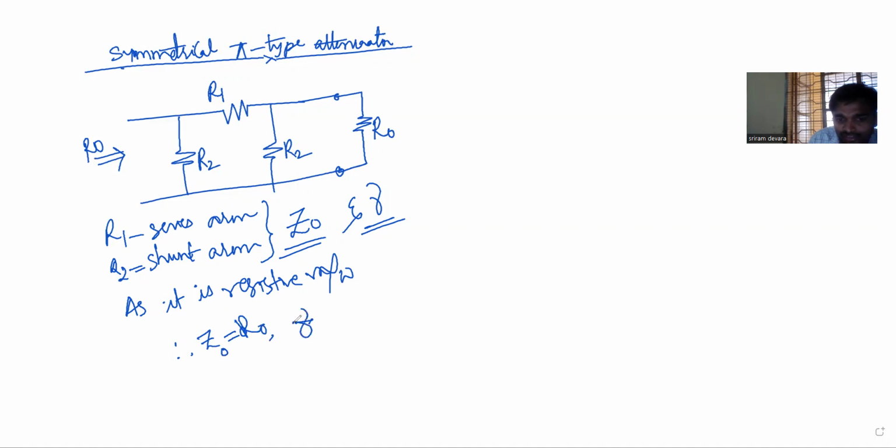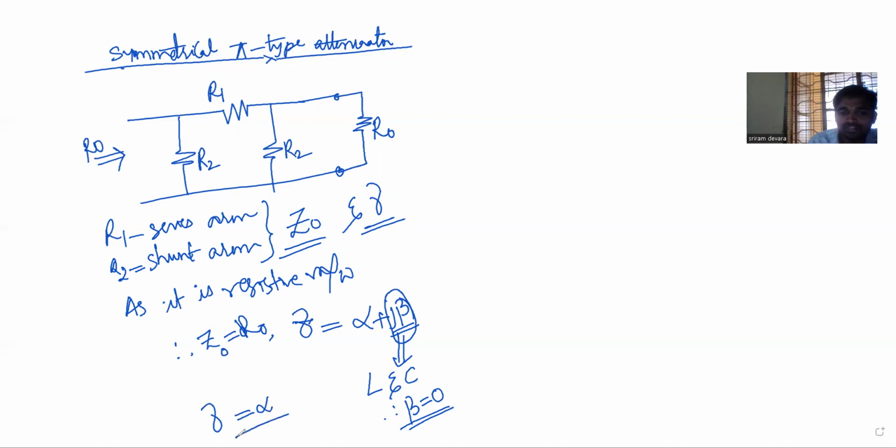The propagation constant is alpha plus j beta, where alpha is the attenuation constant and beta is the phase shift constant. Beta is responsible for phase changes, but we don't have any inductors and capacitors. So the beta of this attenuator circuit is 0. Therefore, the propagation constant is only alpha, the attenuation constant.